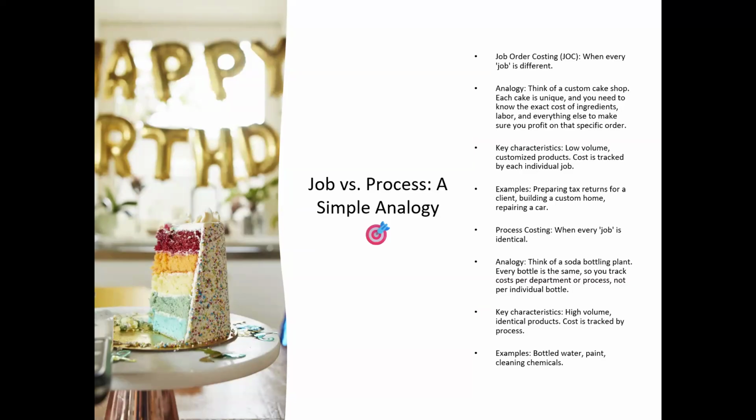Now, compare that to organizations that are producing goods in large volumes, which we call the mass production. A good example of that will be your Coca-Cola plant that produces bottles of your drinks, whether Coke or Fanta. Now, if you look at that large organization, they are a mass production company, and there are a series of processes that are involved, from the mixing of the materials to the bottling of the products and the batch numbering of the products.